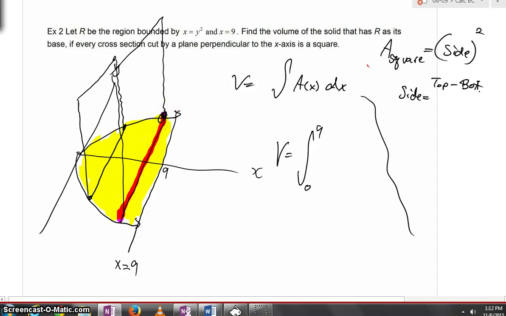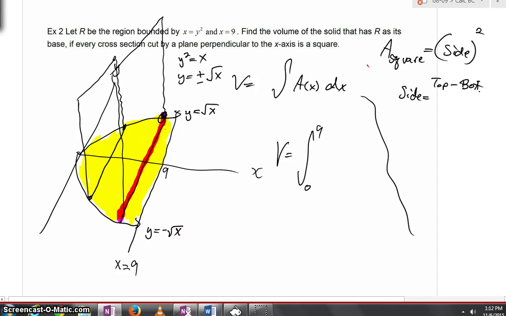Any thoughts? Yeah, solve for y. If you've got y squared is equal to x, what would y equal? Plus or minus the square root of x. The upper branch is the positive square root of x. The lower branch is the negative square root of x.